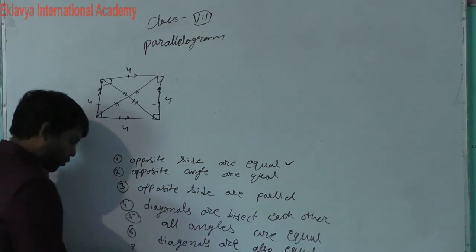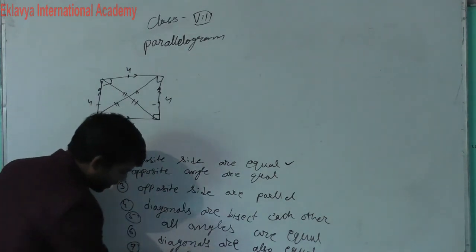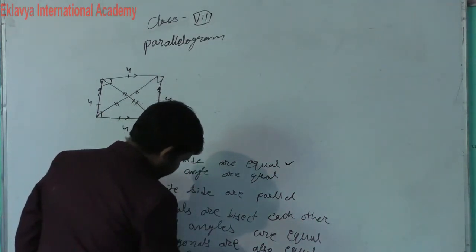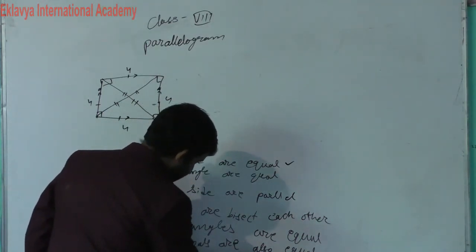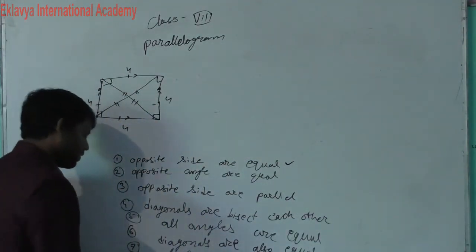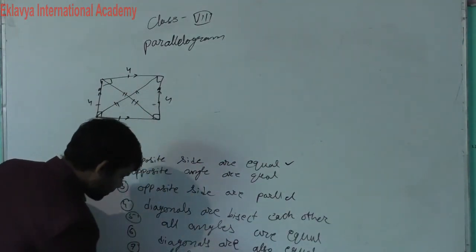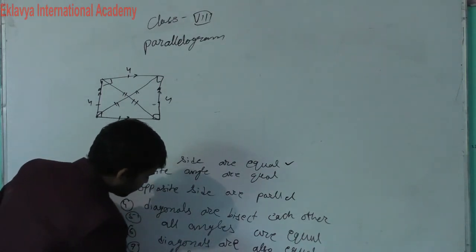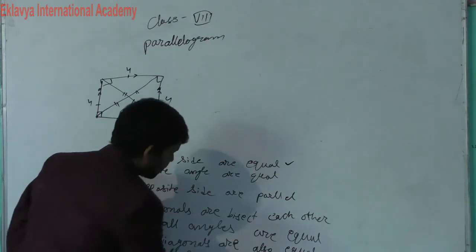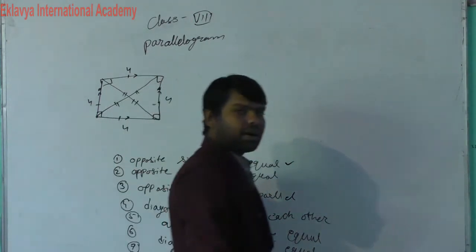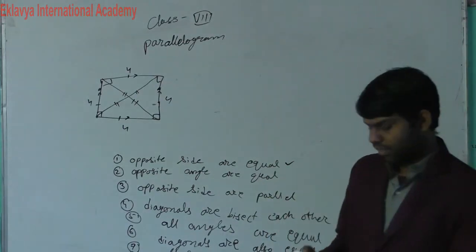Here two more properties we have, that all sides are equal, and eighth property, that diagonals bisect at 90 degree. Understand, students?